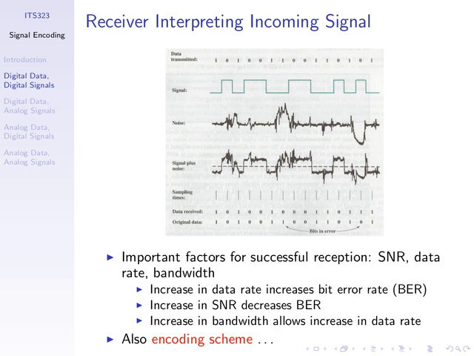We have a signal, we have noise, and this is the received signal. The receiver samples, measures according to our scheme. If it's low voltage, bit 1. If it's a high voltage, bit 0. If we have a large amount of noise, like at this point, and at this point, we can get bit errors.